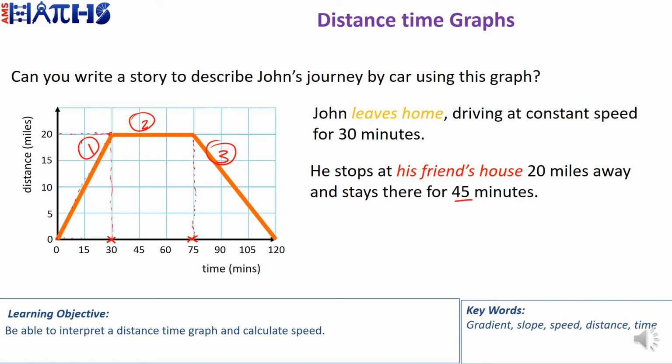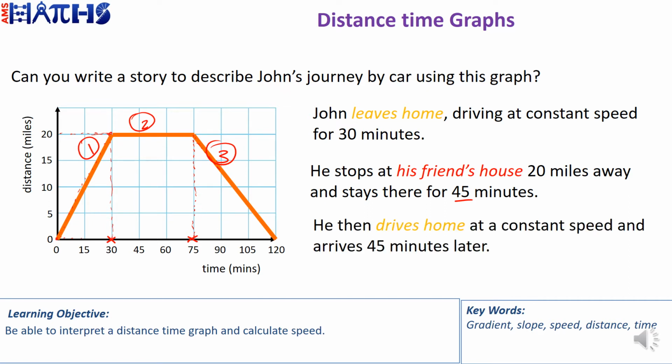For the third part of the journey, we can see we still have a constant speed because it's a straight line for the slope. And it's telling us that he's going back to 0, which is his starting point. So we could say he then drives home at a constant speed and arrives 45 minutes later. Now let's see why it's 45 minutes later.